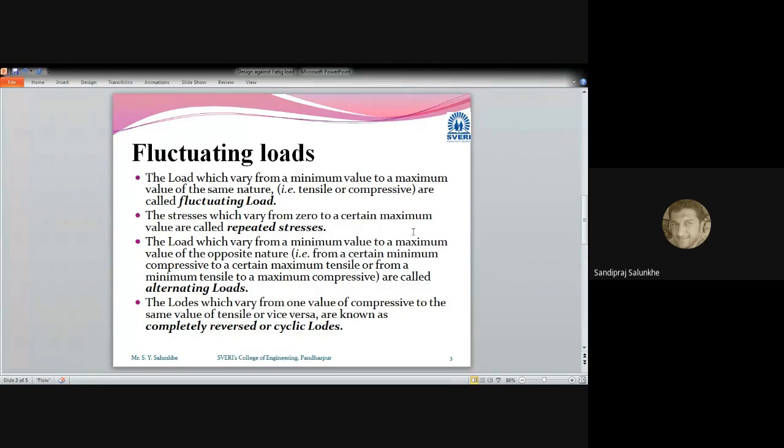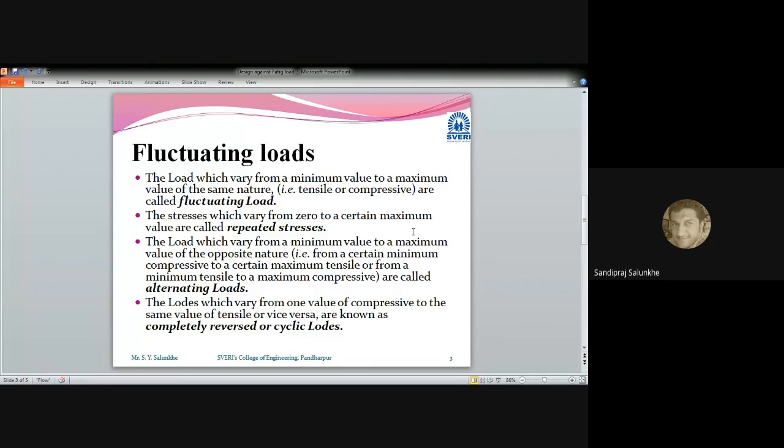Again, this change is measured with respect to time, because all the changes which we measure are measured with respect to time. That's why the load which is changing its quantity or nature with respect to time is called a fluctuating type of load or force.